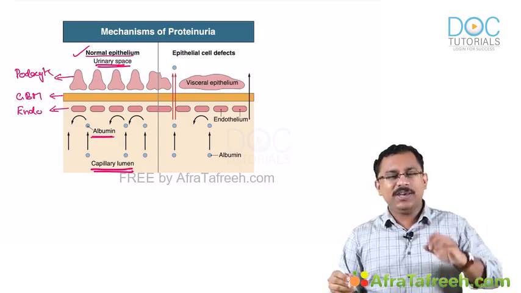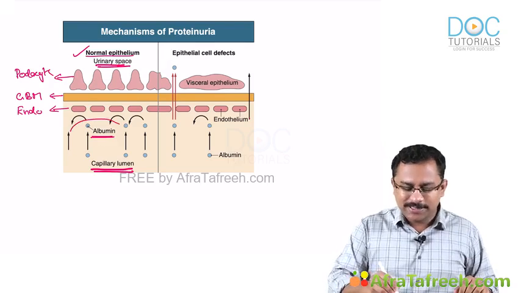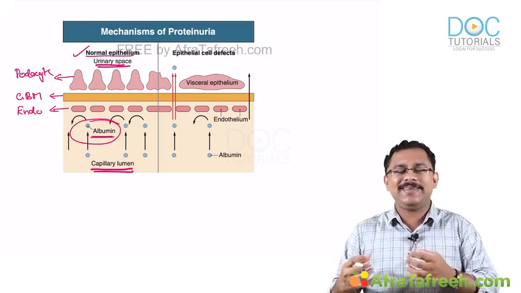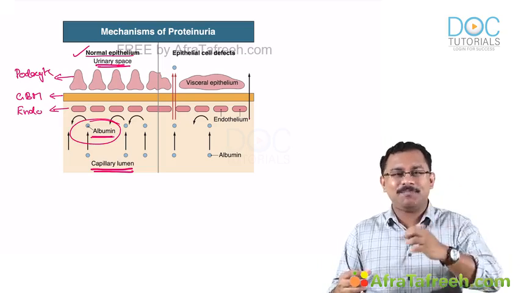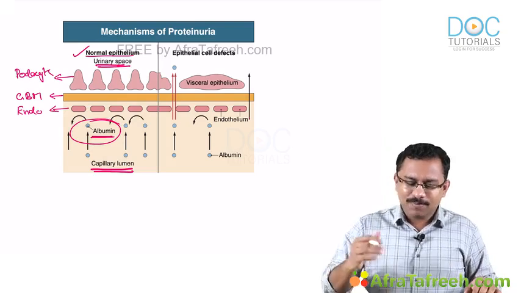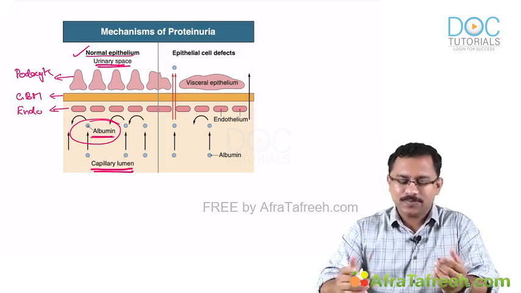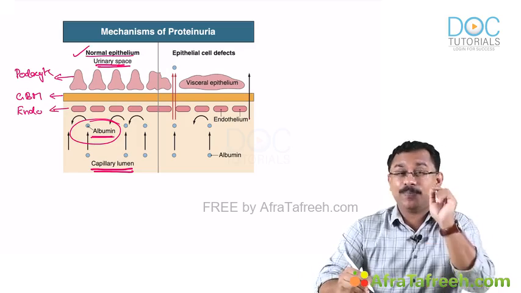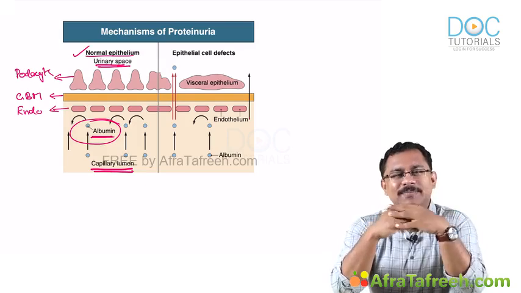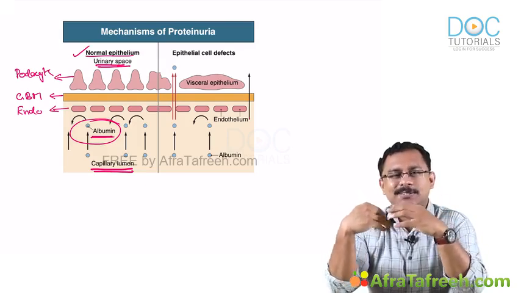When you have an intact filtration barrier, the albumin as well as the other proteins will be in the intravascular compartment. Everything fine, perfect, no problem. But proteinuria mostly occurs when there is damage. Please listen to this carefully. I told you the filtration membrane is very important to keep the proteins in the intravascular space.